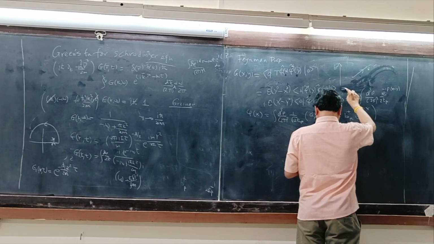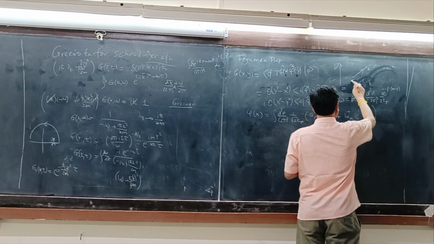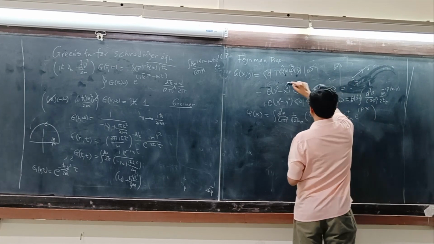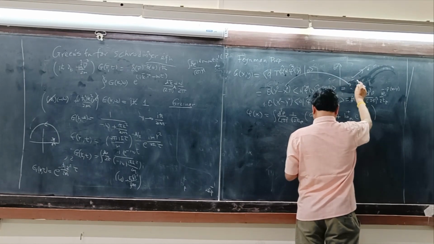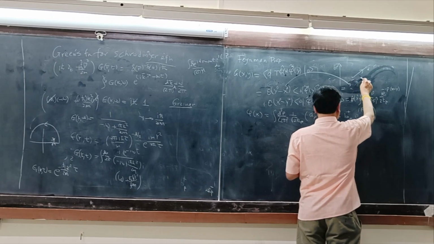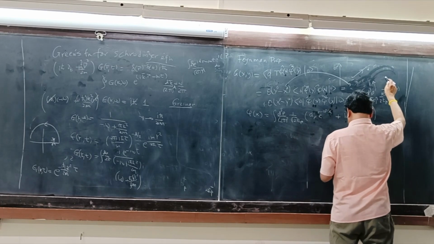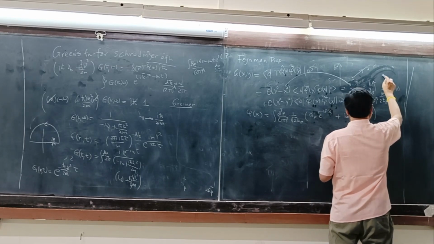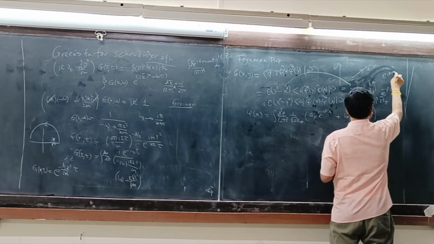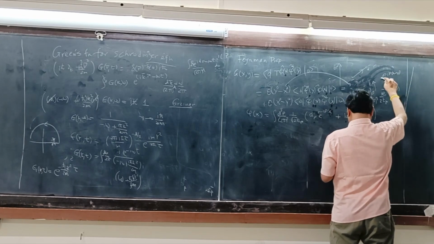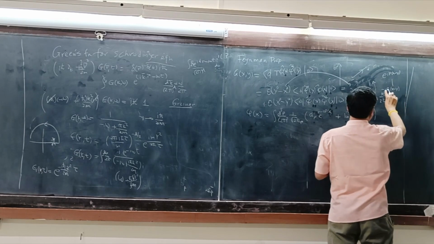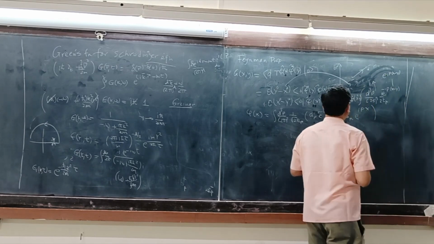And the second one is this one, an integral. So this theta is coming here, and this integral is the same, and this part is e to power ip x minus y. So the sign changes.